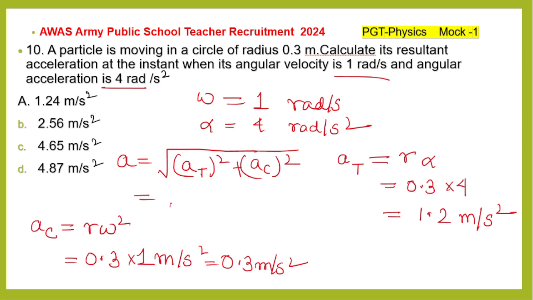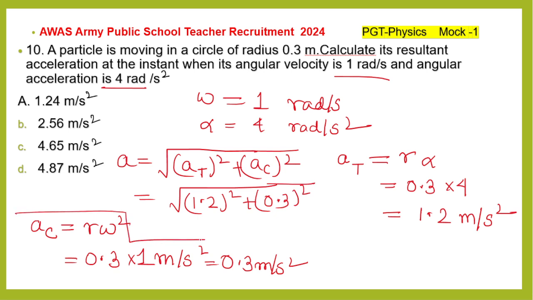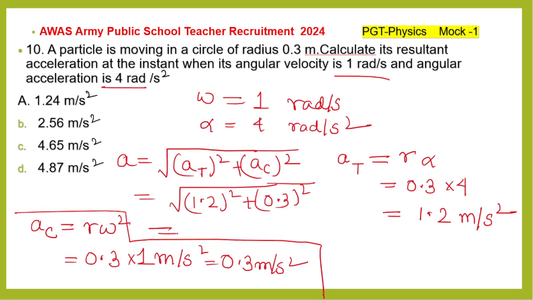Put this value into the formula. 1.2 whole square plus 0.3 whole square, it gives root under 1.44 plus 0.09.